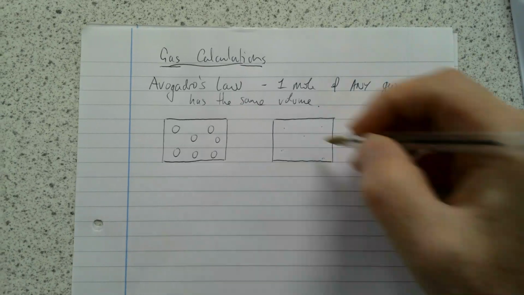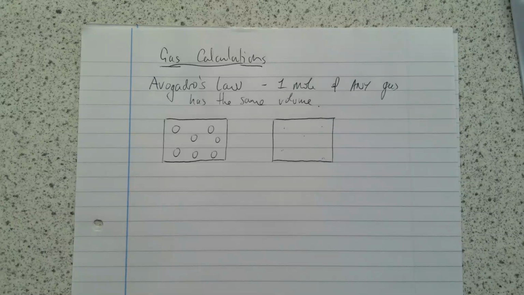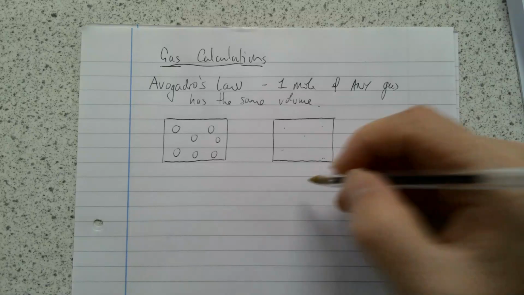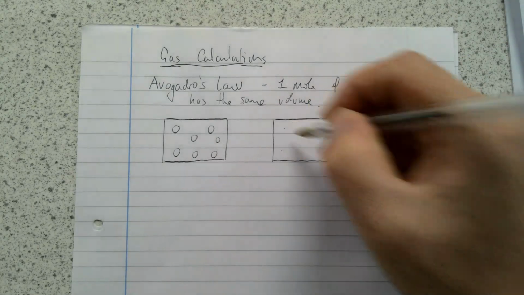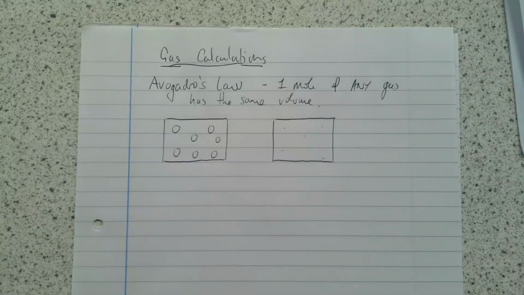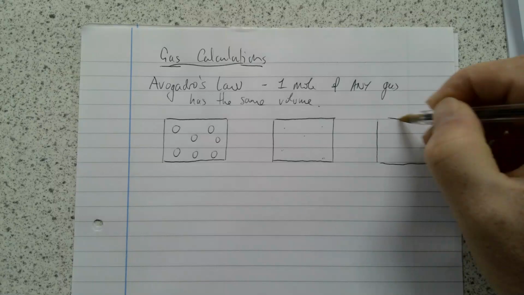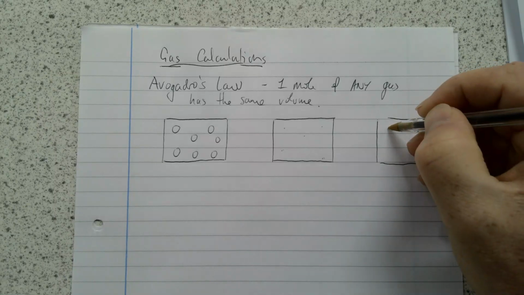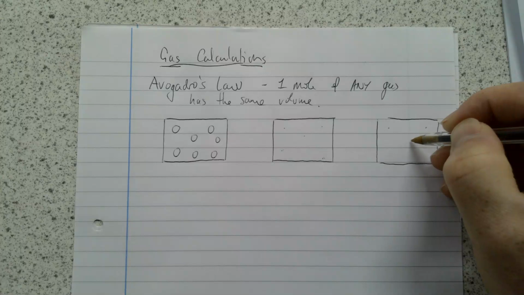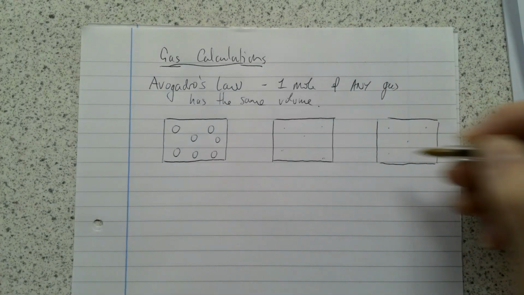Now, if you take a gas, let's say hydrogen, which is a very small molecule, made of only 2 very tiny hydrogen atoms joined together with the formula mass of 2, let's say that's represented by those little tiny dots that I've drawn, and I do another one with the same number of gas particles, but this time it's, say, carbon dioxide, which are much bigger molecules.